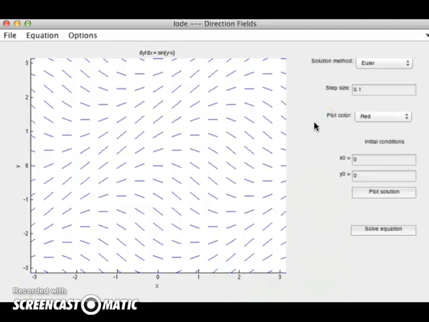So this here is the direction field, or the slope field, for a different differential equation. It's a differential equation in which the right-hand side, dy/dx, equals sine, and the argument of the sine function, the trigonometric function, is the difference between y and x. It's sin(y - x). Okay, so right now this is for initial conditions at 0, 0, and we would see that solution appears.